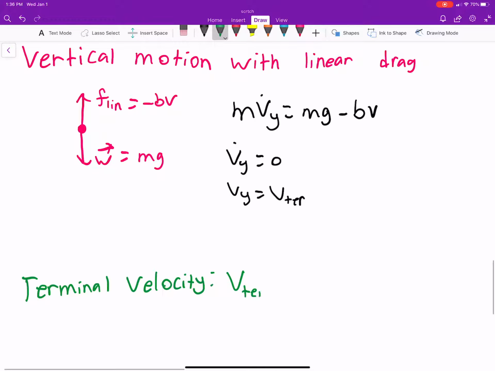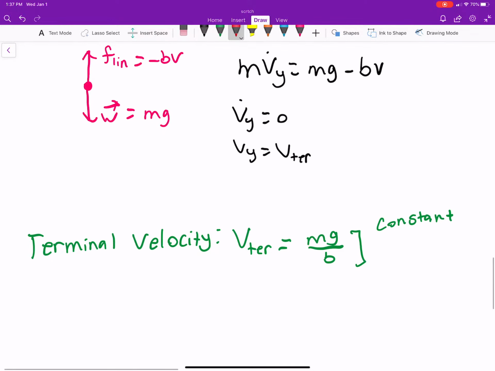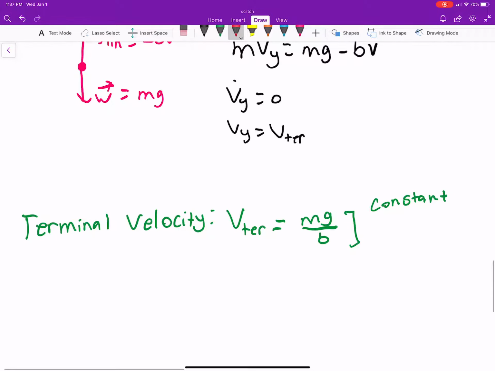So v terminal, which is our terminal velocity, is equal to mg divided by b for linear drag. And these, important to note, are a constant. So v terminal is really a constant, which is going to be really helpful when we go to work through these.